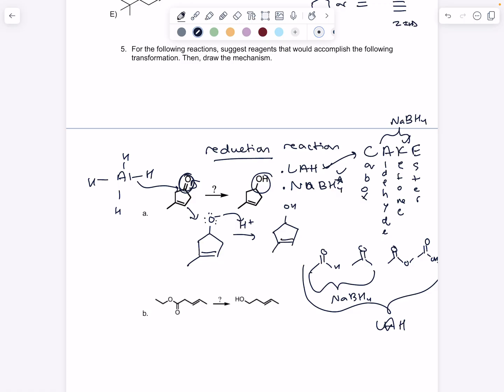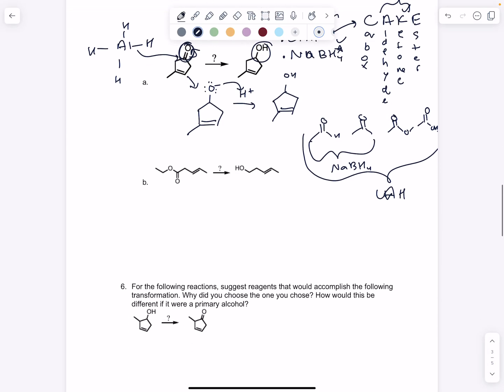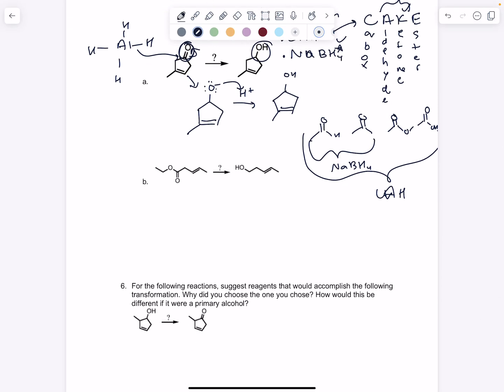So for this one, I do want to say, suggest the reagents. The first reagent would be either LAH or NaBH4, and then the second one would be H3O+. So make sure that you're adding an acid of some kind, or it could be any acid, it doesn't have to be H3O+.